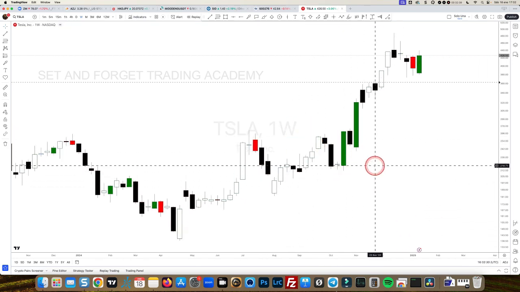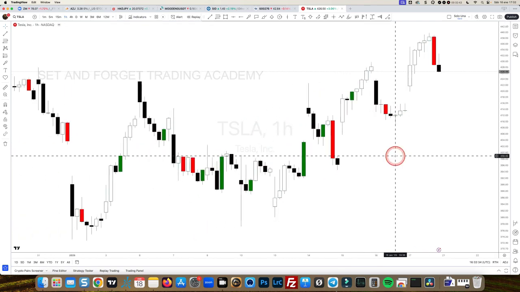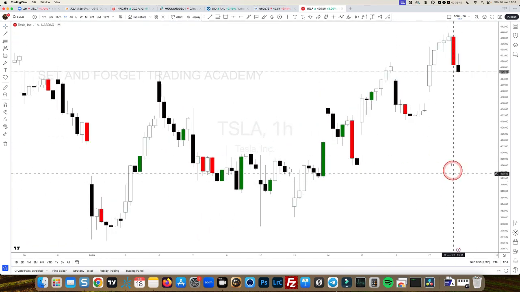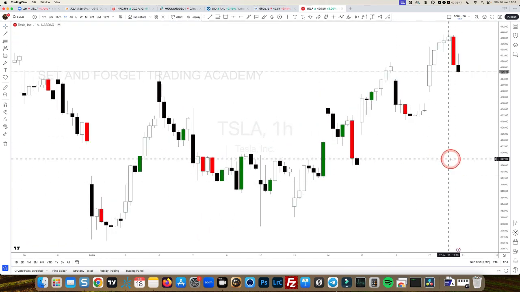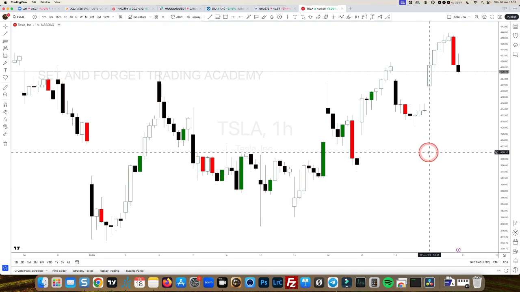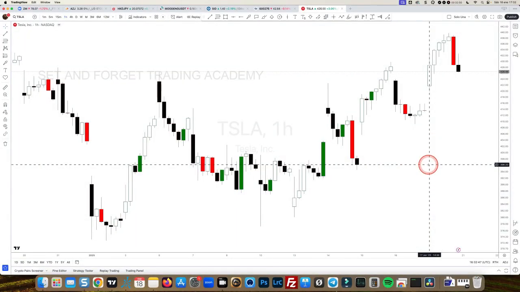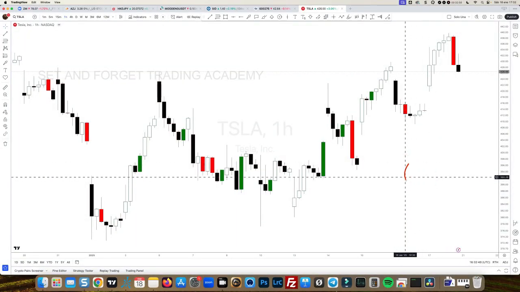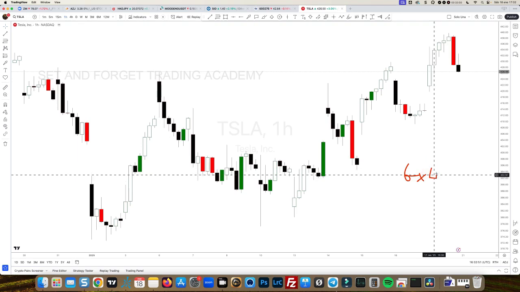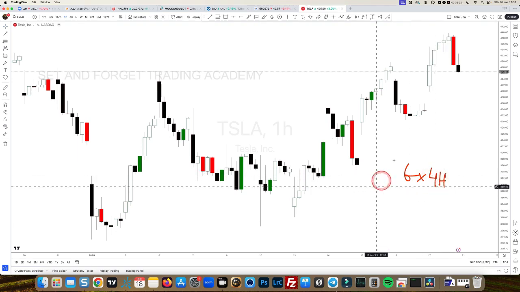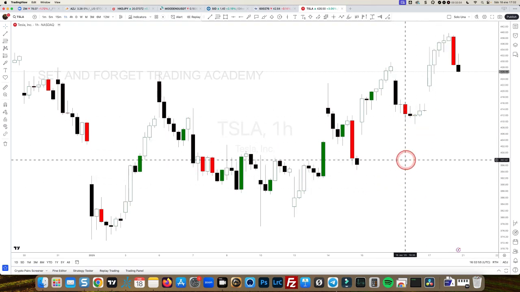If we take a look at the 60-minute or 1 hour time frame on Tesla, which is much better. I mean, using the 1 hour is better than using the 4 hour because the 4 hour is almost like the daily, okay? Because remember that the daily time frame is made of six 4 hour candlesticks, because there are only 8 tradable hours.